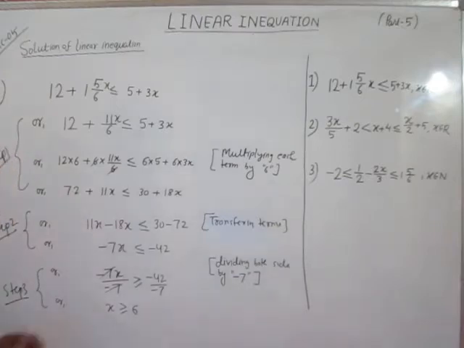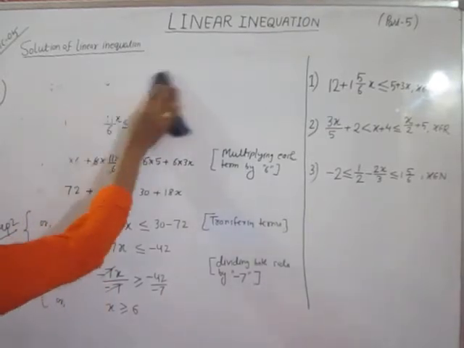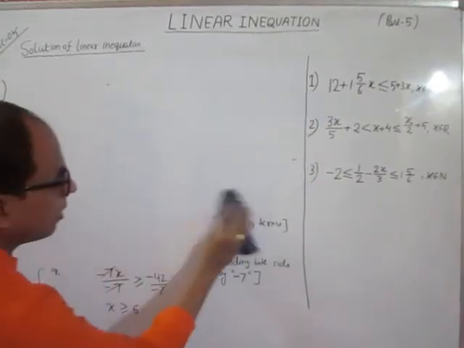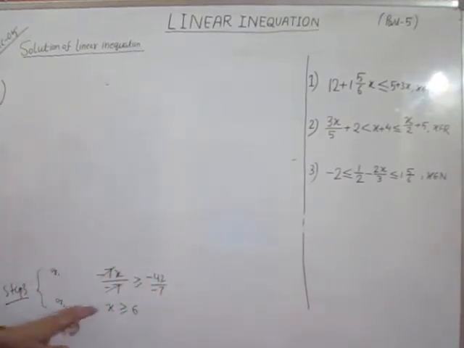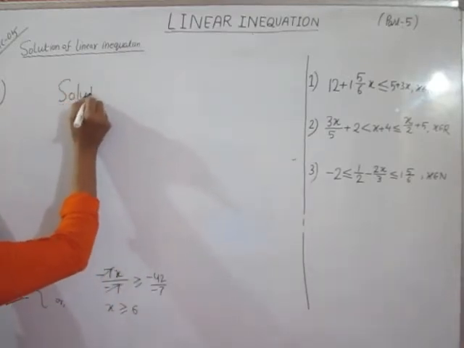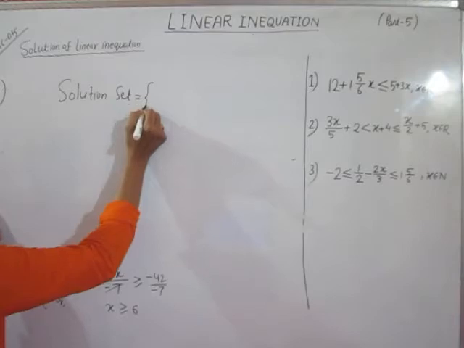So here we have got the solution, but this is not the solution set. This is the solution. Now we have to write this solution in set form. So let us write this solution in set form. Solution set. So solution set is equal to curly bracket.